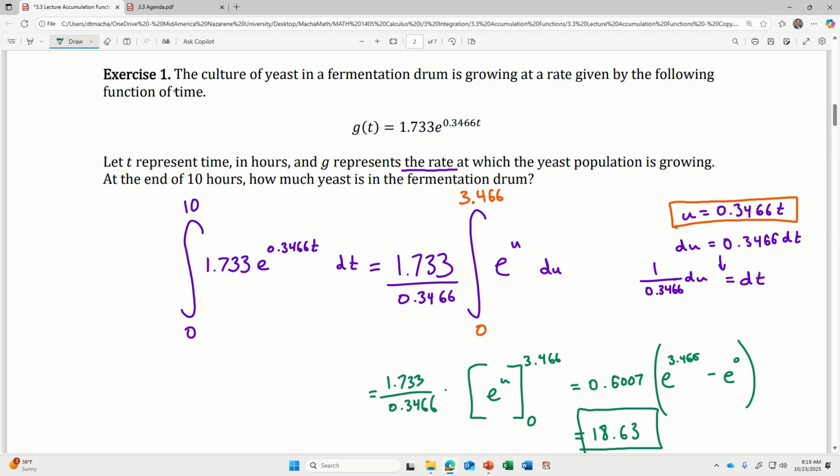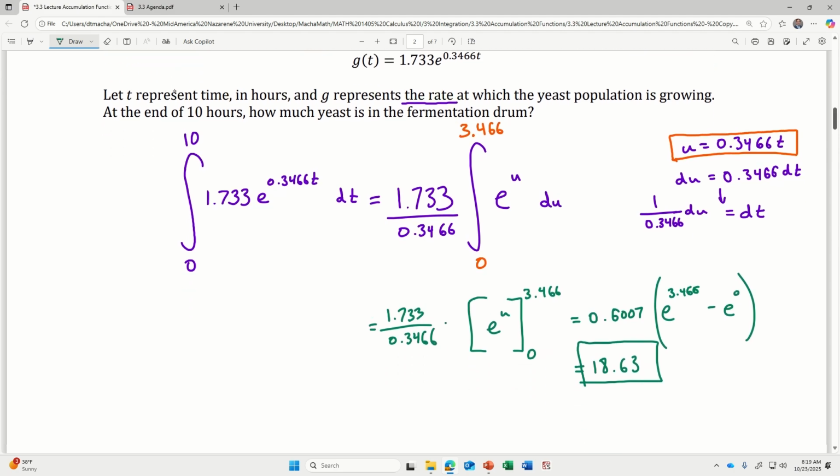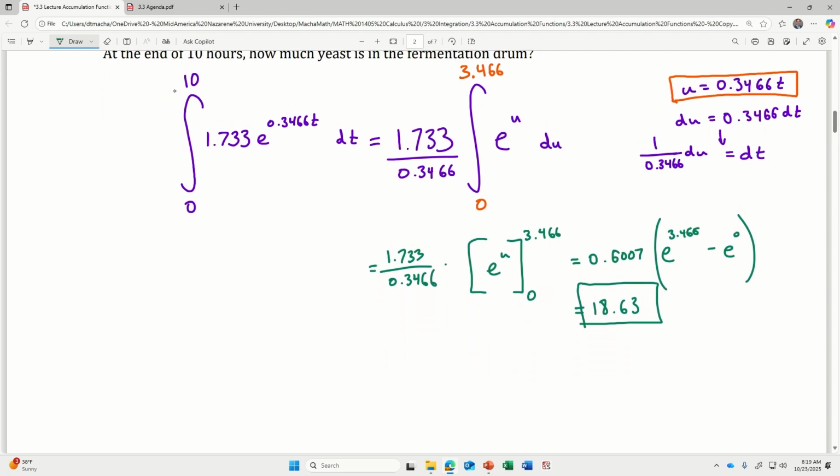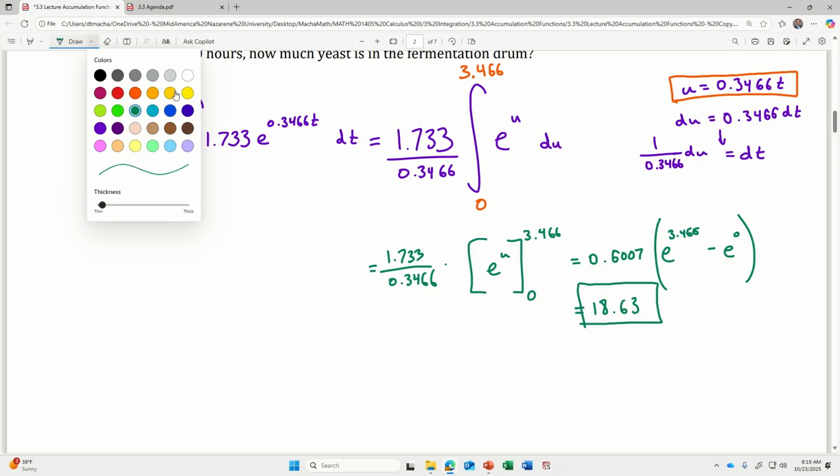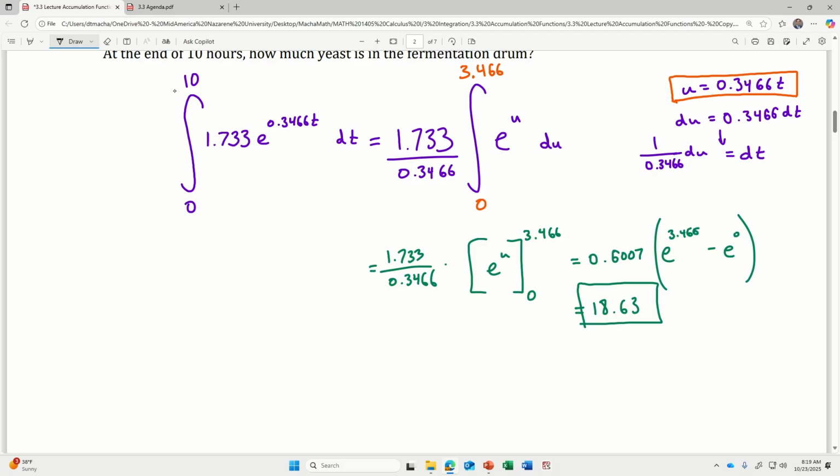Maybe you don't need to do the U substitution thing if you get enough practice with these things. Honestly, I was doing the U substitution step by step to show you, but you could also think about this. If I've got the antiderivative of e to a constant times t, that's always going to be 1 divided by k times e to the kt.